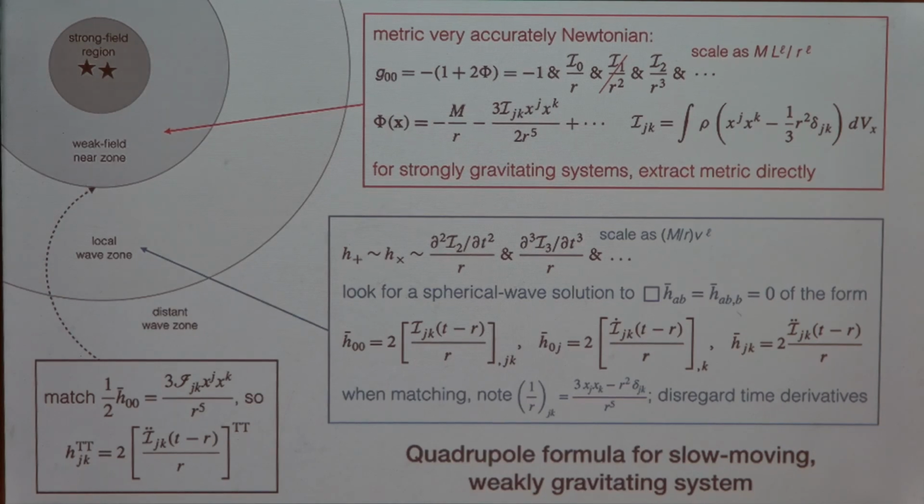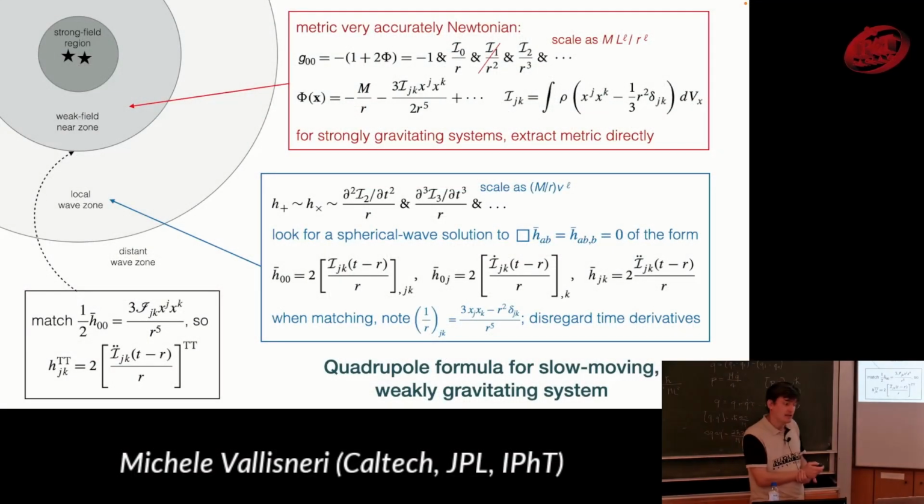And that's what PN does. In PN, you'd be matching to the post-Newtonian corrections to the Newtonian potential, really. And in EFT, you do a matching to the effective multipole moments of the binary system, and you get the same thing.